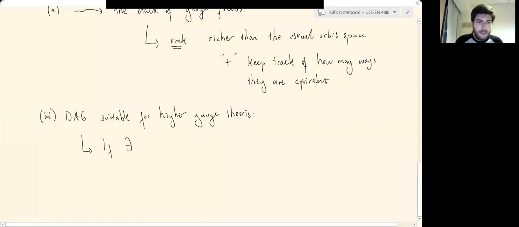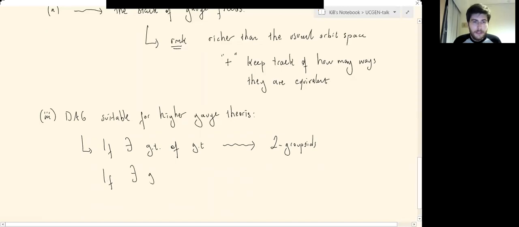If, for instance, there exists a gauge transformation of gauge transformation, then the correct or natural framework will be two groupoids. If there exist gauge transformations of gauge transformations of gauge transformations, then the higher space of gauge fields is given by two groupoids.